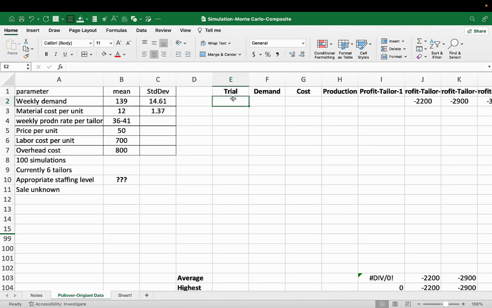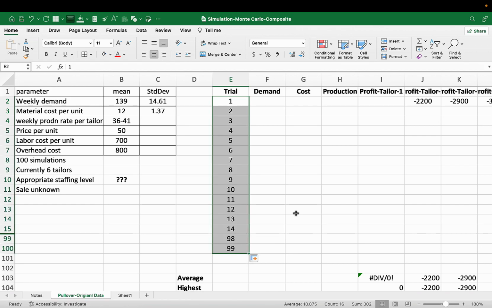The very first thing is we have to conduct 100 simulations, as you can see here. So in this column I will fill the series up to 100. You have a number of options. For example, you can write 1, 2, 3, and then drag it up to here.